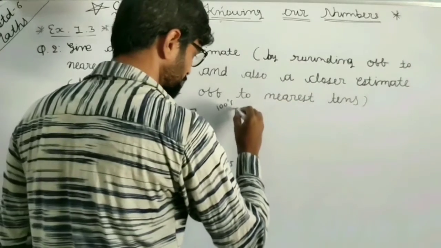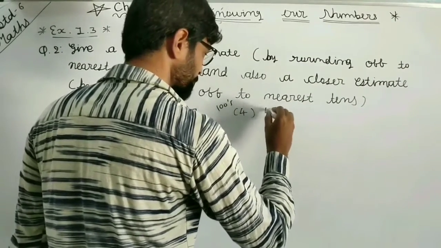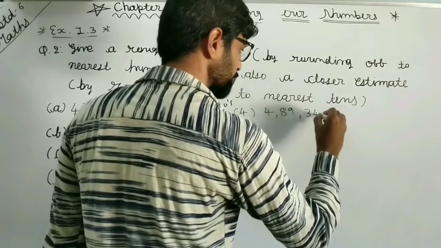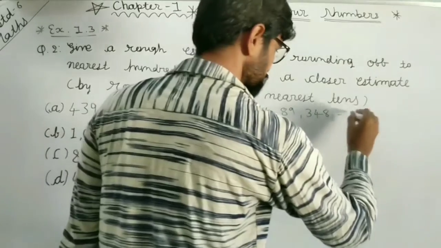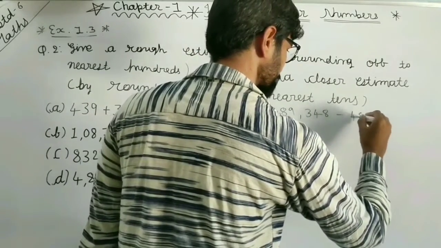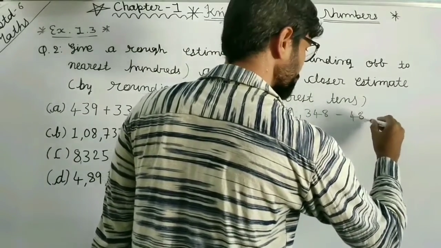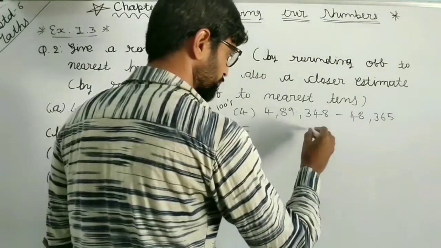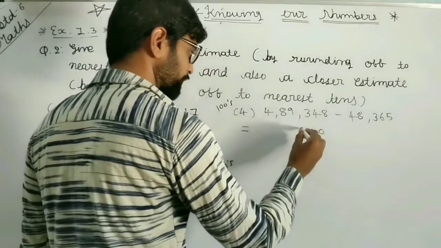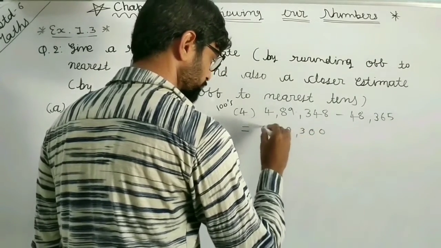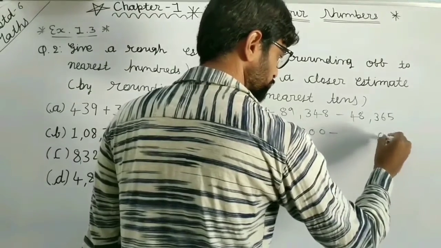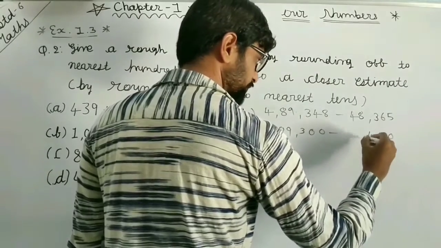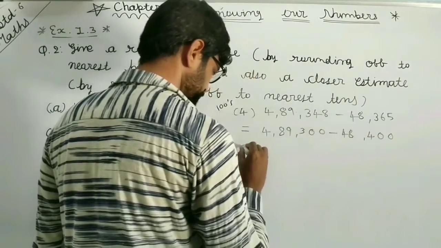Now the fourth number, 4,9. It is also a subtraction sum. Rounding of the 100, sorry. 2 zeros, 3 and 4. 3 remains the same and the remaining part also will be the same. 2 zeros, 6 here after 3, so add 1 to the 3, 48.